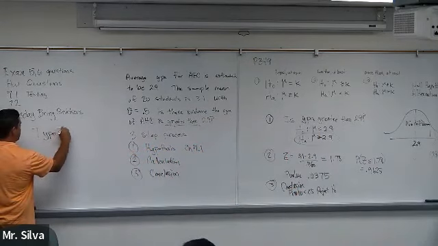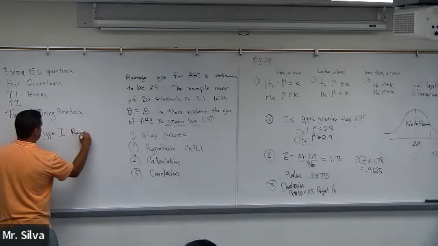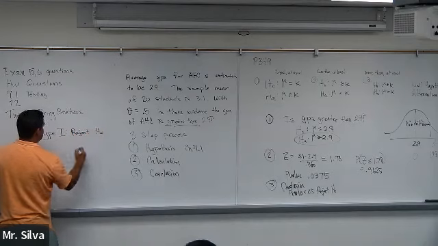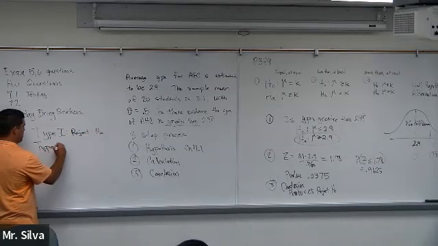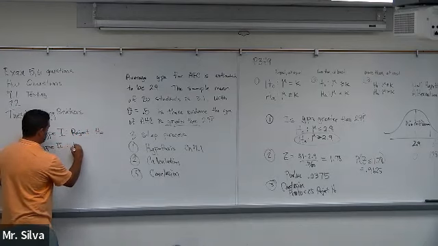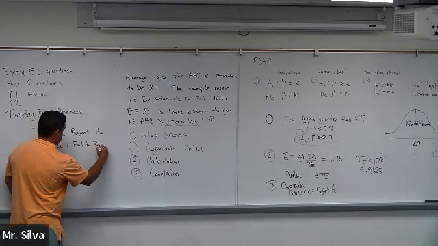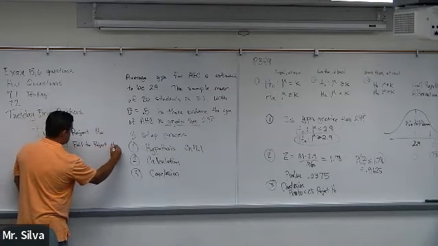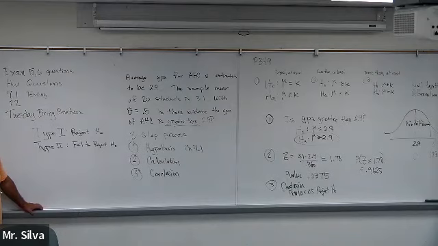Type 1 error, they use Roman numerals. That's when you reject H0 when you should not have rejected. Type 2 error is when you fail to reject. So if I fail to reject H0, I have the possibility of making a type 2 error. It's not a guarantee.